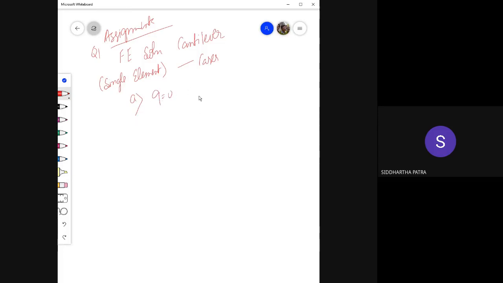A: Q equals 0, M0 equals 0, P equals 100 Newton.